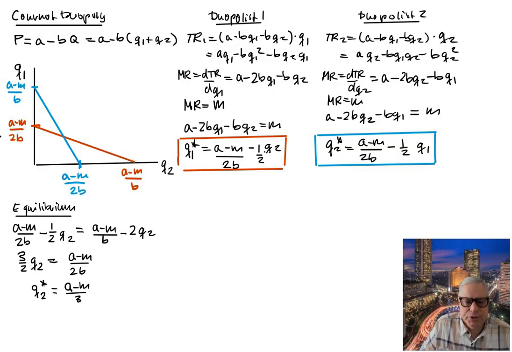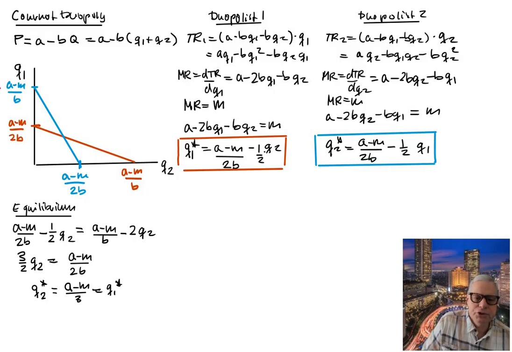And of course, because it is symmetric, we know this is equal to Q1 star. And if you want to, you can take (A minus M) over 3 for Q2 and plug it in here, and then you get also (A minus M) over 3. But I just skip that here now, because I think it's obvious from the graph.